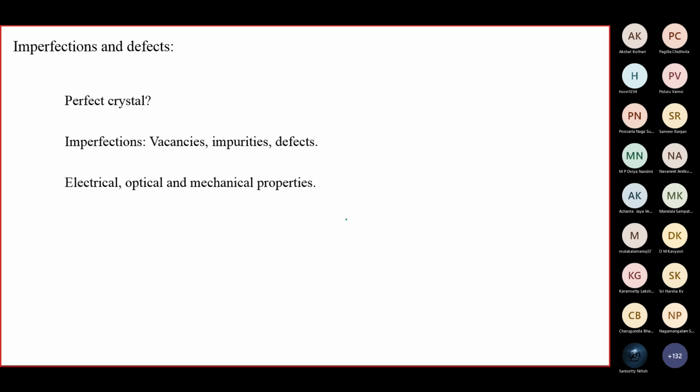For each lattice point we assign an atom or a molecule. As the lattice points are an ideal geometrical structure extending three-dimensionally, we expect the real crystal also to have atoms at these specific lattice points and extend three-dimensionally.